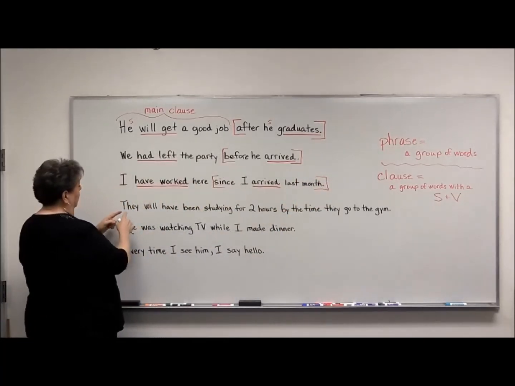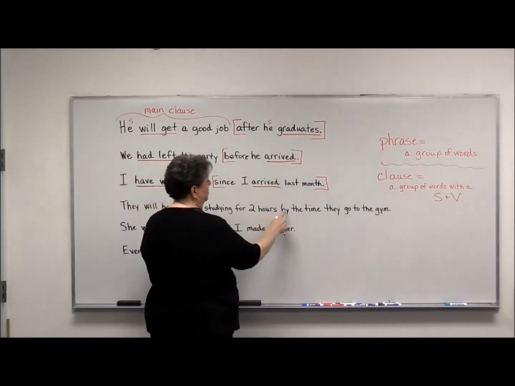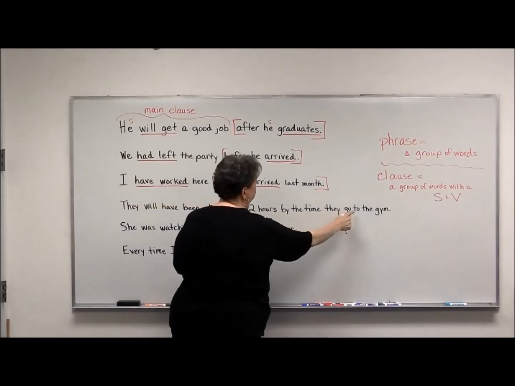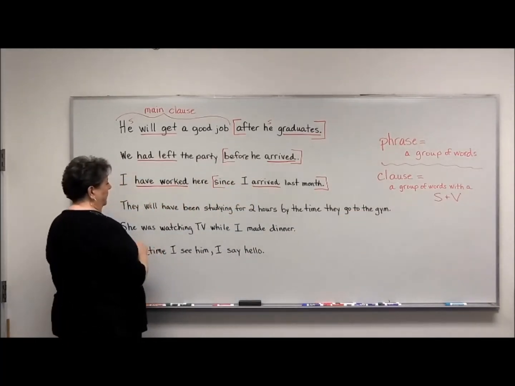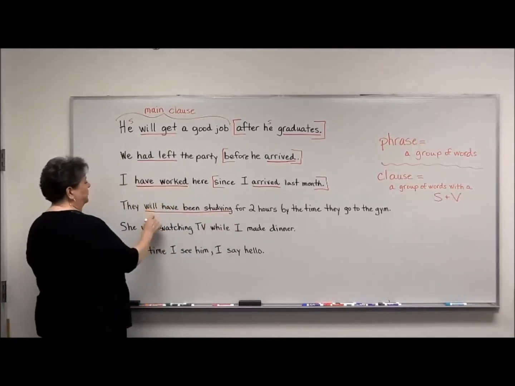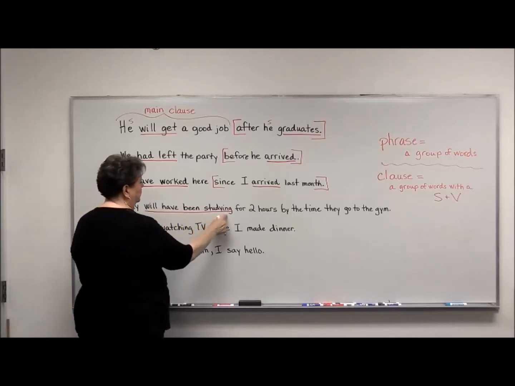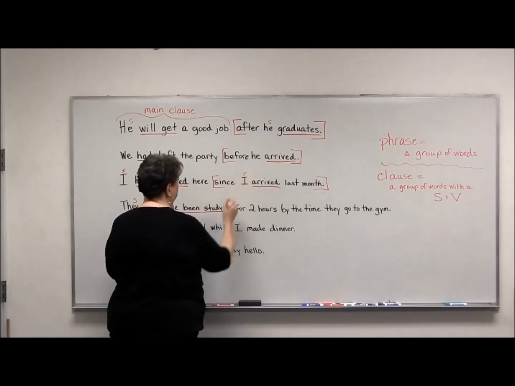This one's long. They will have been studying for 2 hours by the time they go to the gym. Verb. Did you find the whole verb? What tense is this? Future perfect progressive. They. Mark your subjects so you don't forget them.